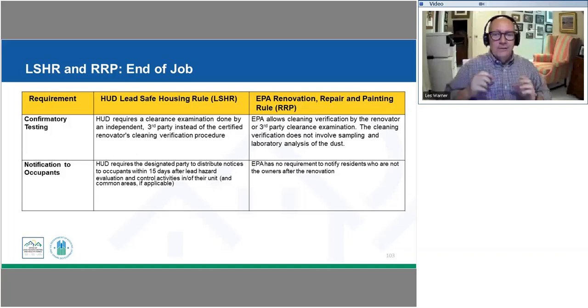And then, of course, our last function here: EPA is not requiring any notification to residents, but we know under the lead-safe housing rule that we're going to make sure that we distribute those notices to occupants, and that's going to happen within 15 days of when we have that information back.